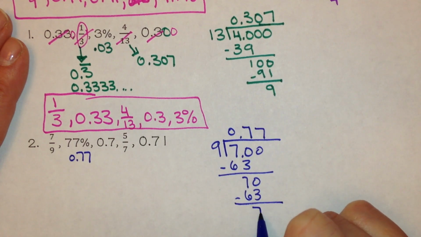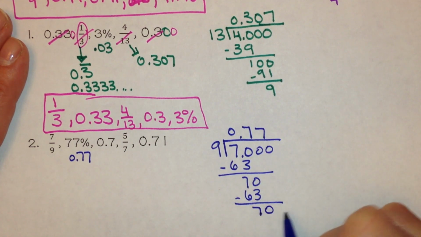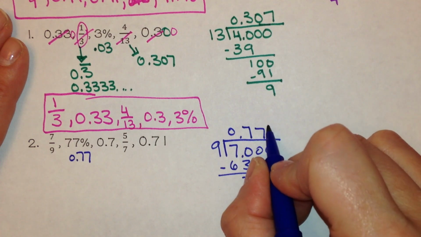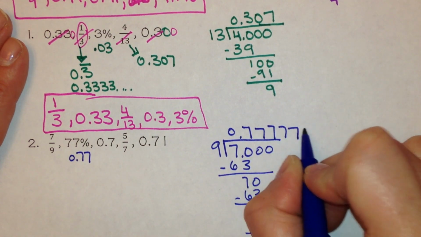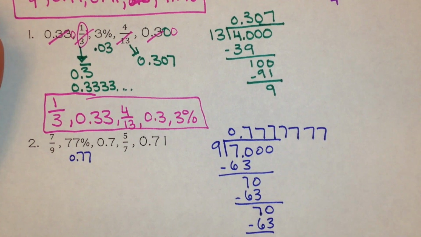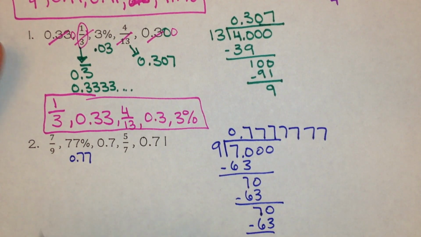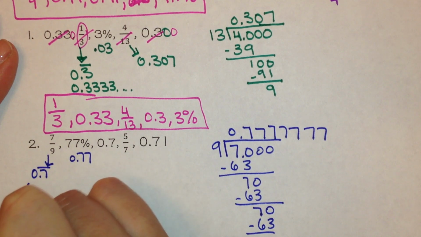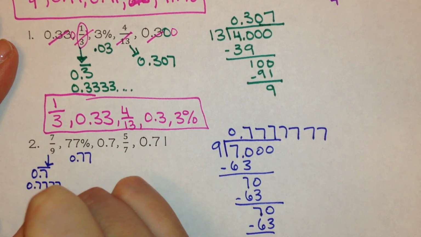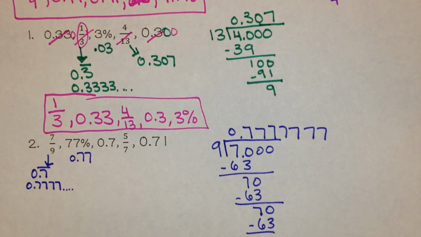Subtract, we get 7 again. Oh, I'm starting to see a pattern. So we're just going to continue getting 7s. So that means that 7/9 is 0.7 repeating, or 0.7777, dot, dot, dot, meaning it keeps going.